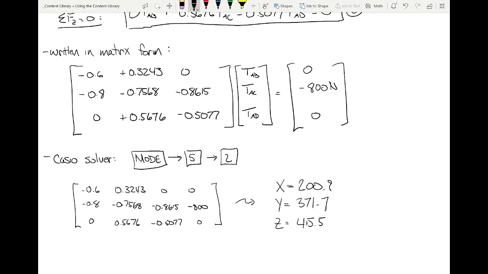Okay, so what does this mean? Well, these are our solutions in the order that we described them. What order did we describe them in? AB, AC, AD. That's it.